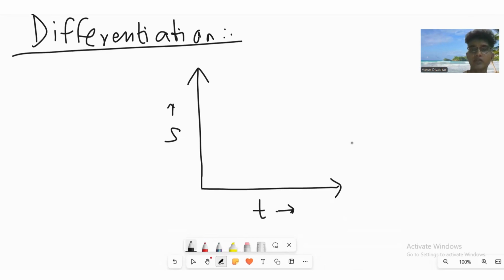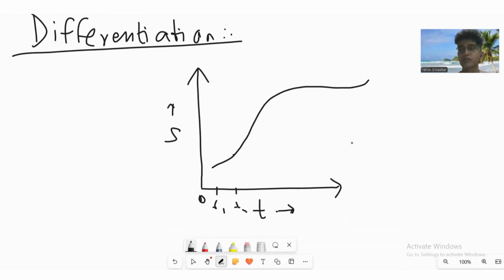The car is traveling to a particular location, starts at time t equals 0, and begins its journey. At time t equals t1 it has its own distance, at t equals t2 it has its own distance, like this, t3, t4, t5. Let's say the curve looks something like this.